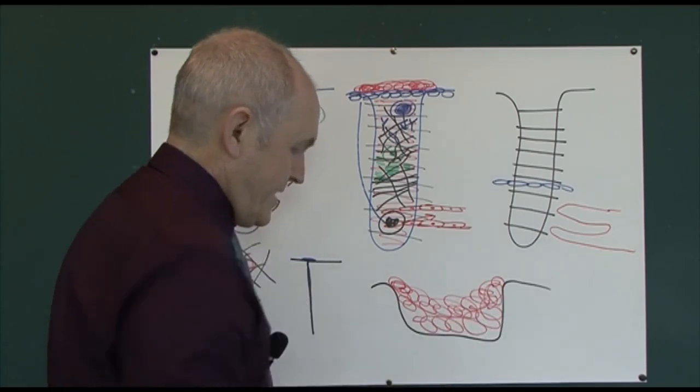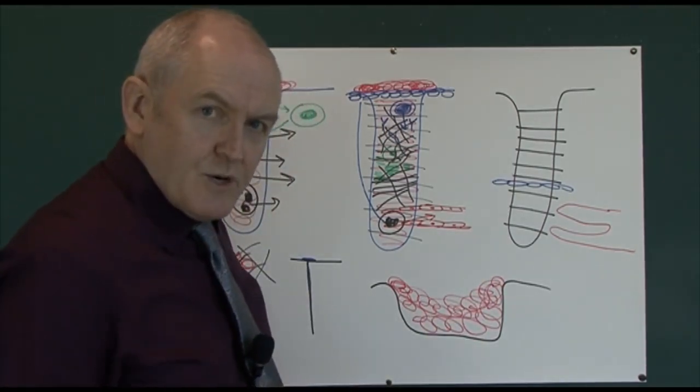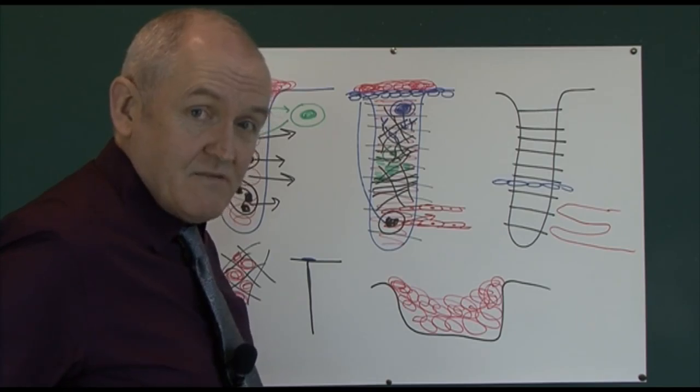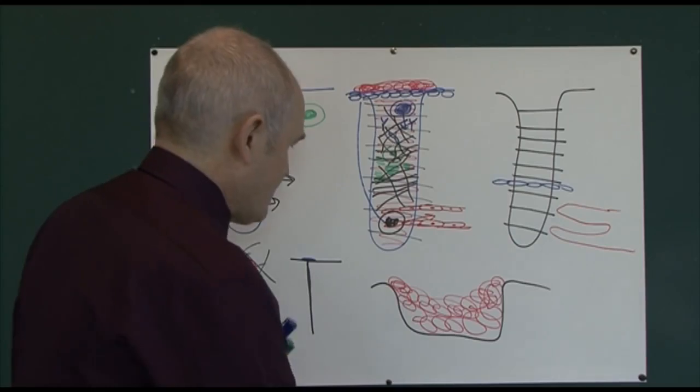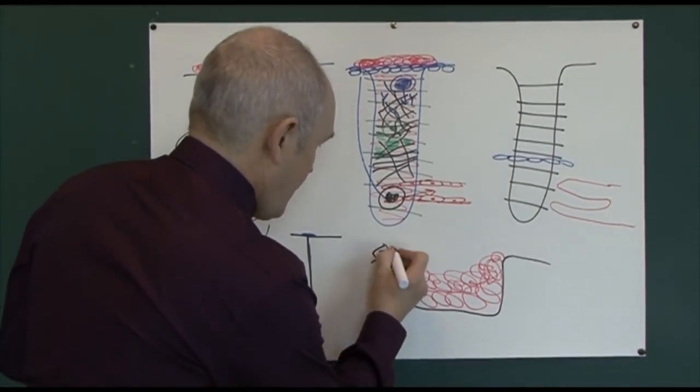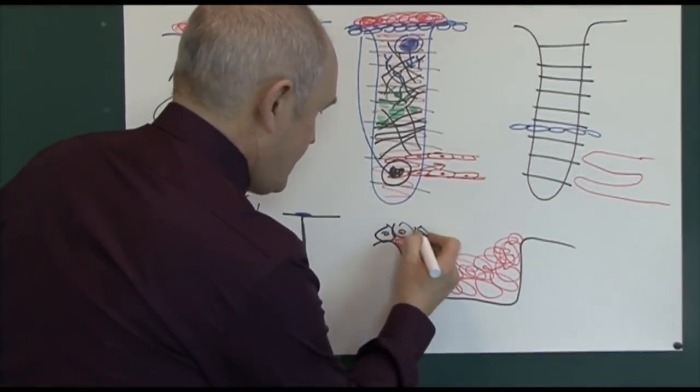The wound will fill with granulation tissue, and there will still be re-epithelialization over the surface of the wound. So here we see some epithelial cells which are dividing, moving over the surface of the wound.